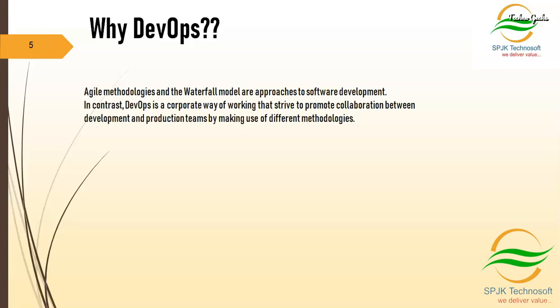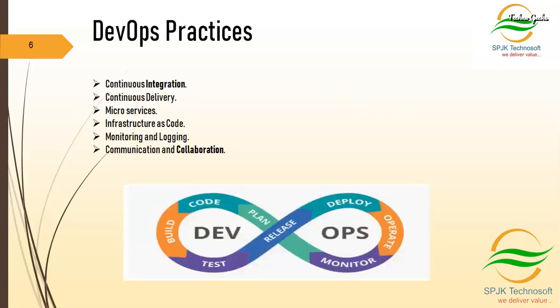Now we will see what tools we are going to use in DevOps software development. As I mentioned earlier, DevOps is a mindset, a culture, and a set of technical practices. These are the practices DevOps follows: continuous integration, which is a continuous process as you can see in the diagram, and continuous delivery. Then microservices, because the whole big project is split into different chunks of micro projects or deliverables.